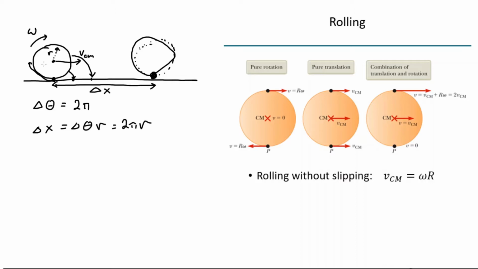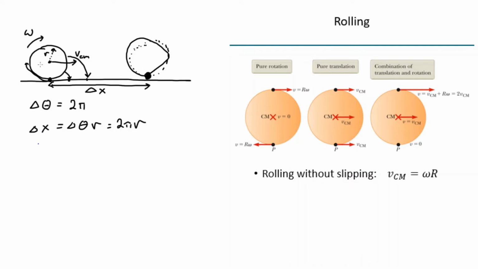If this point went all the way around and every point in between touched the ground, well, the length of all the points in between is 2 pi r. So delta x equals 2 pi r. So in general, we get this relationship. Delta x, the displacement of the center of mass of the wheel, equals the angular displacement, delta theta, times r, the radius of the wheel.